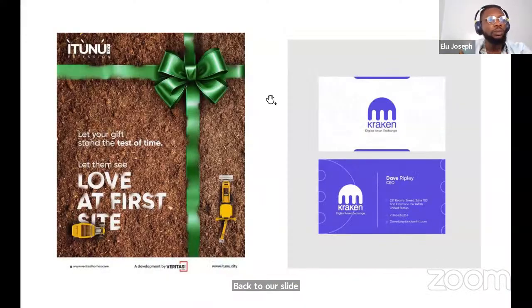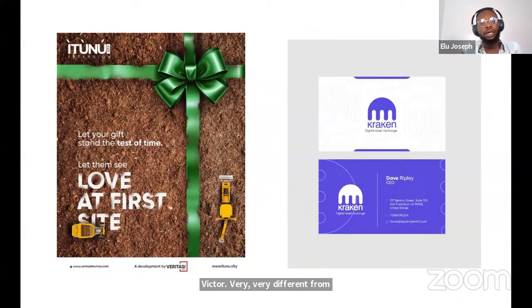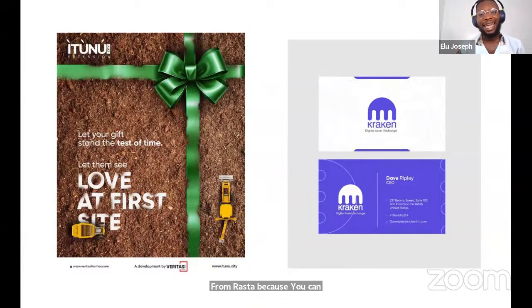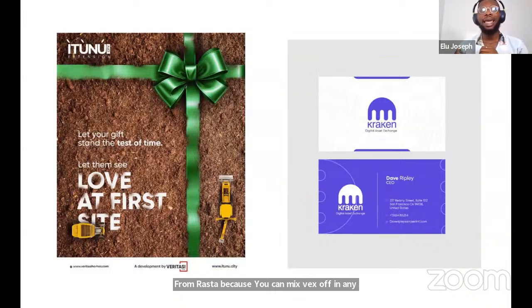Now, vector, on the other hand, is very, very different from raster. I said raster images, as you zoom in, lose quality because they are made up of tiny little pixels, right? But vector is very different because you can make vector in any size.